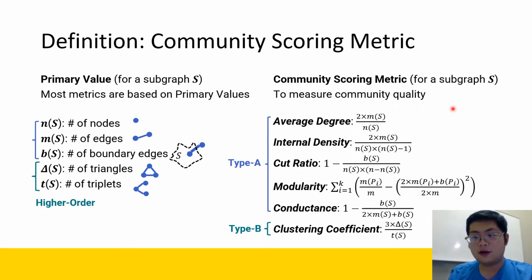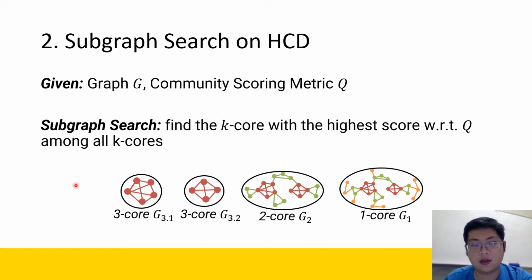We divide the metrics into two categories, type A and type B, and type B is based on higher-order motifs, triangles and triplets. So here is the second problem. Given a graph and a community scoring metric Q, we want to find the k-core with the highest score with respect to Q among all k-cores, and all those k-cores can be searched on the HCD.